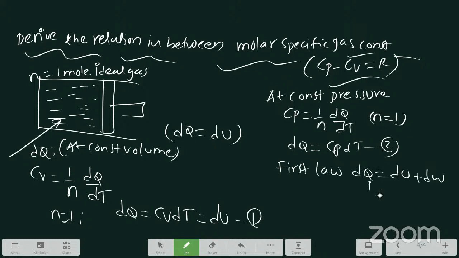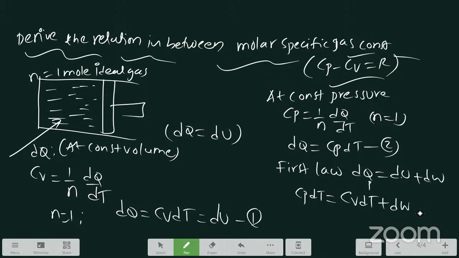Now, see, substitute equations 2 and 1 in this one. dq is Cp dt, du is Cv dt, plus dw.